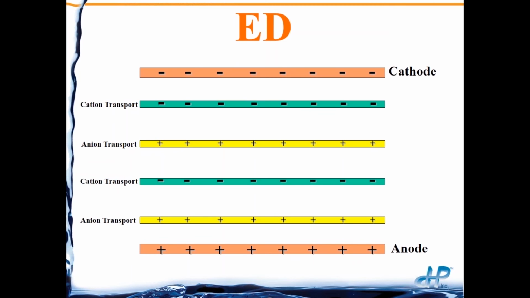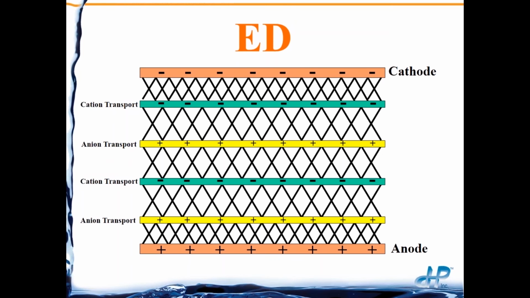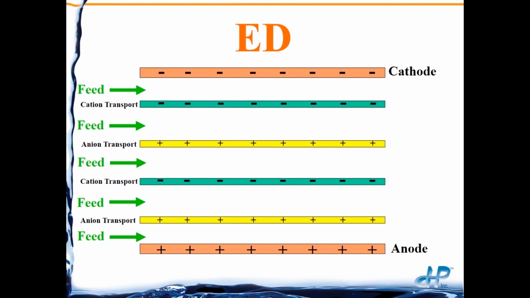So again, in between two electrodes, we have alternating sheets of cation and anion transport membranes. There are spacers in between these sheets that let the water get in between, but to keep the picture simple, I'm not going to put those spacers in.